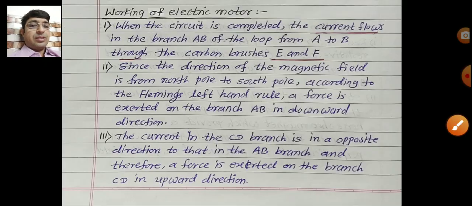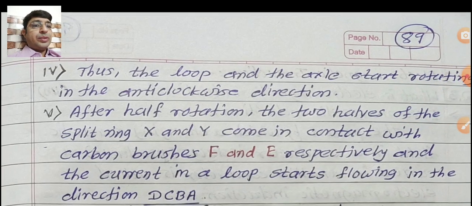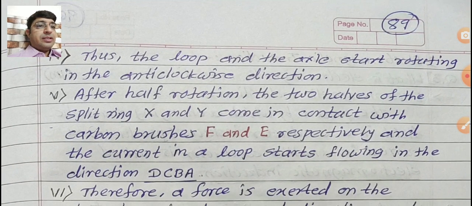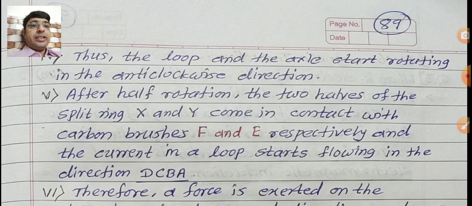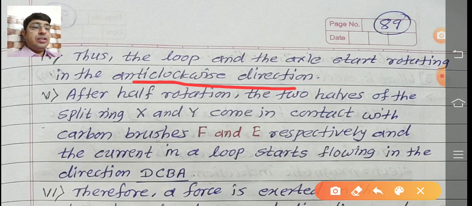Getting? Next, fourth point, thus the loop, that is the coil ABCD, and the axle starts rotating in the direction, which is important. Underline which direction? Left hand side AB branch, right hand side CD branch. AB branch goes in downward direction and CD branch goes in upward direction.